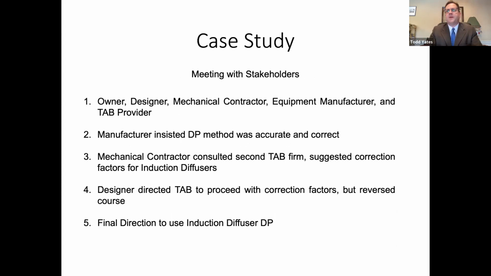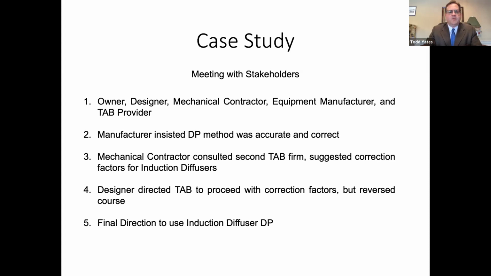So we sent this information to our client. We requested a meeting. We said, we're not quite sure what's going on here. And as any project is, it's under time constraints. You have to meet the deadlines for turnover. And so we said, we can't do that without some assistance.